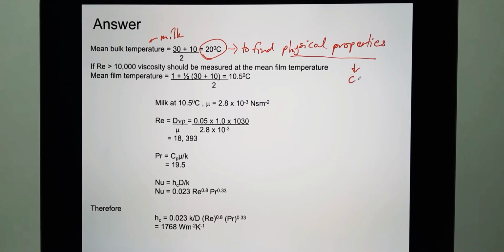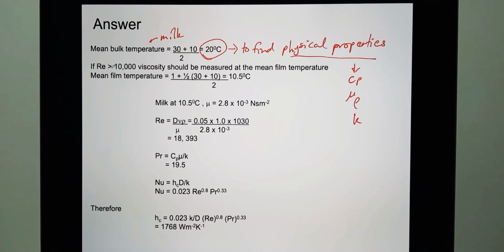For example, you have the Cp, the mu, the rho, and the k. This normally will be given to you in the problem statement, so you don't have to calculate this one.